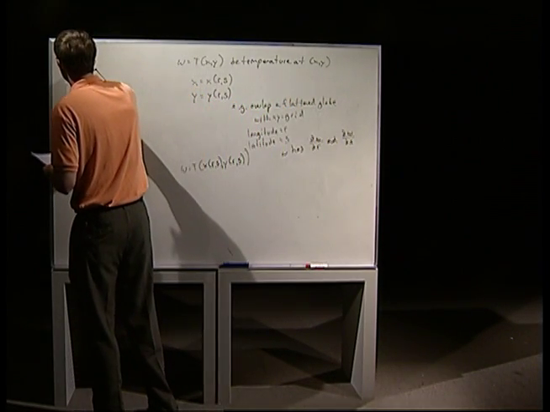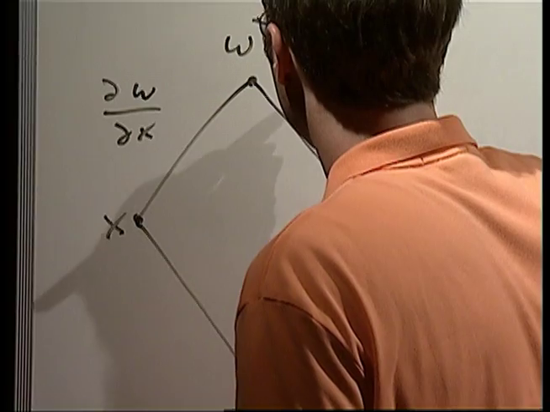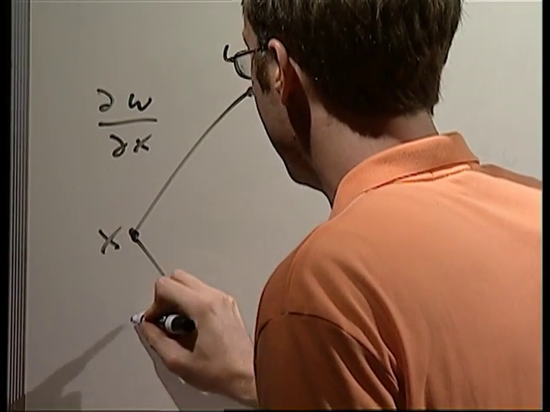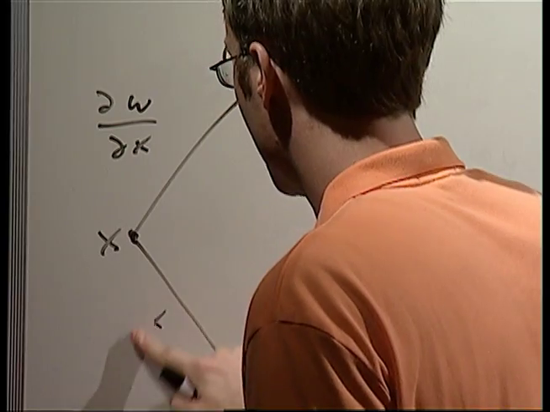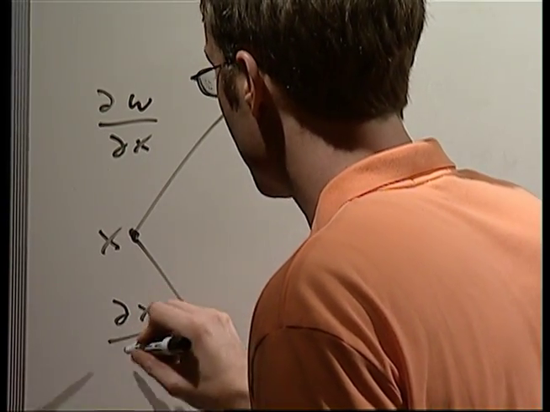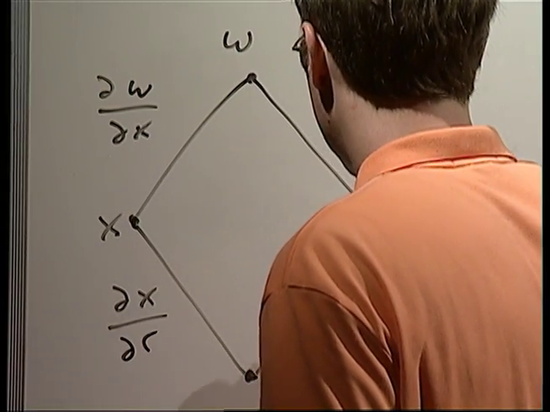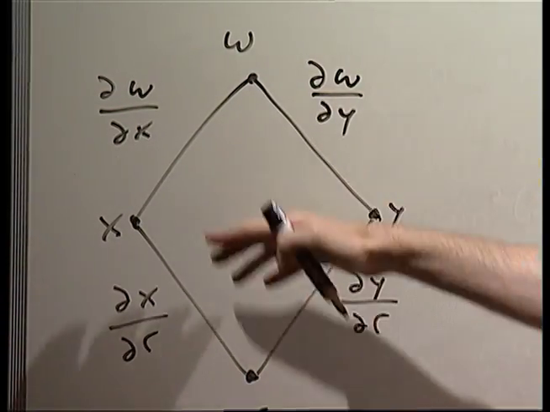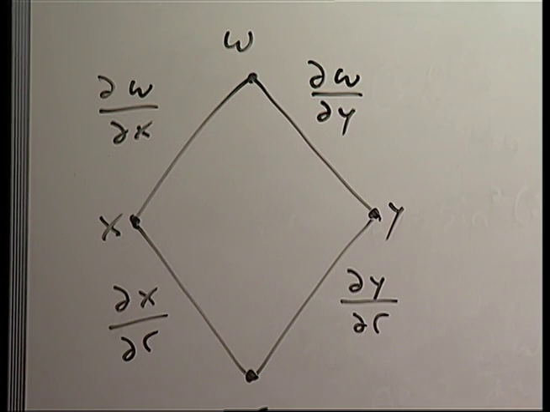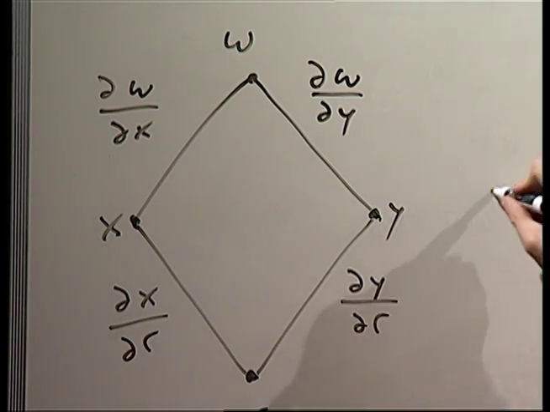And so we see partial W partial X, partial W partial Y. Down here, excuse me, not partial, but partial X partial R, partial Y partial R. Notice I need partials all over here because these are functions of 2 variables. They don't have one derivative, right?